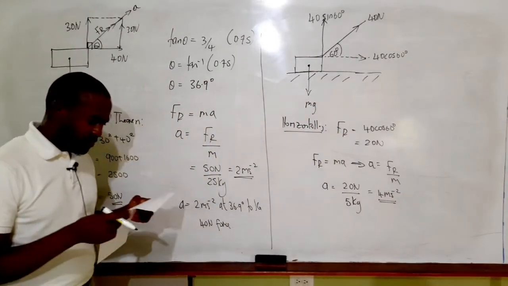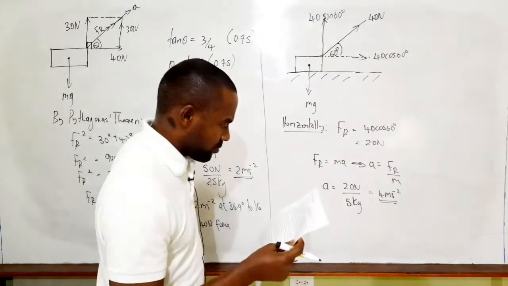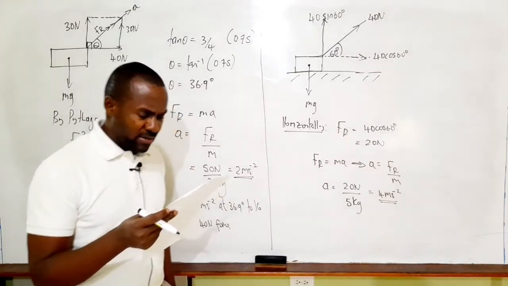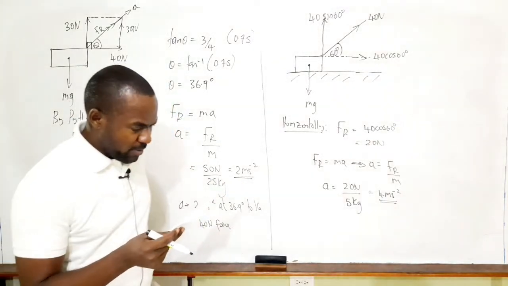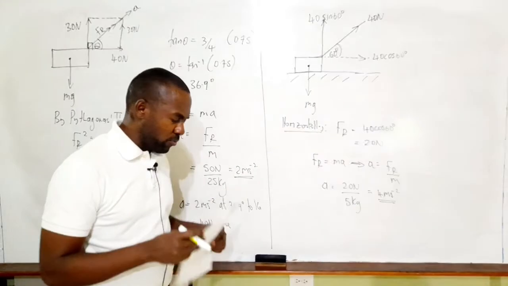So the acceleration on the body is 4 meters per second squared. Now, the second part of the question wants us to find the force the body exerts on the ground.